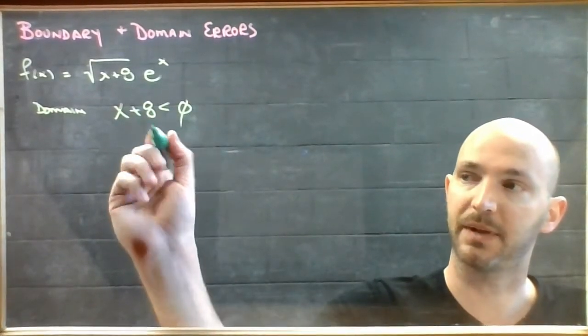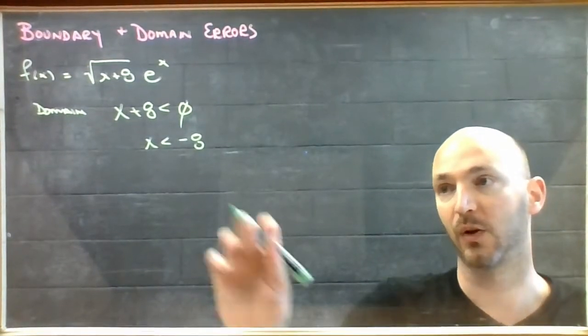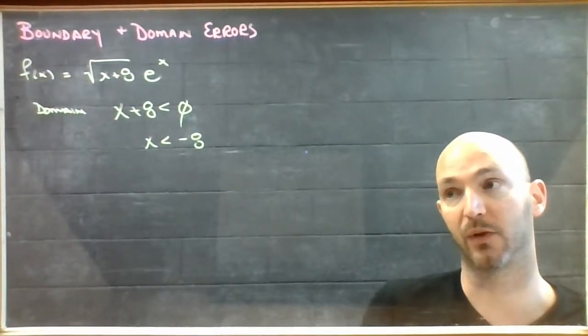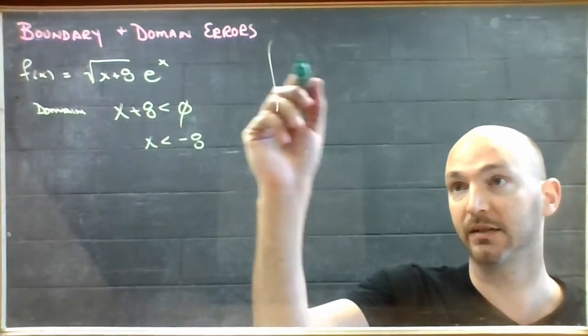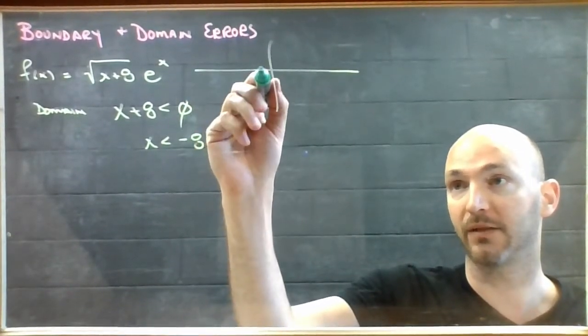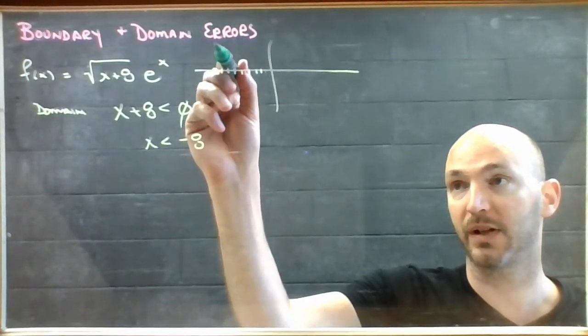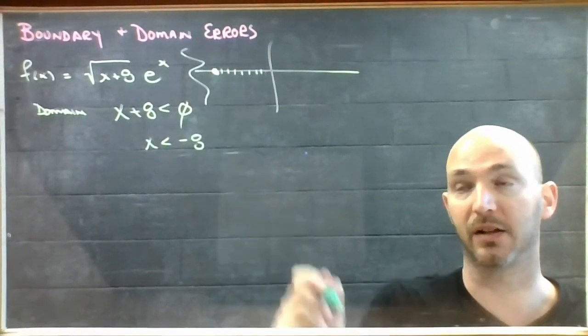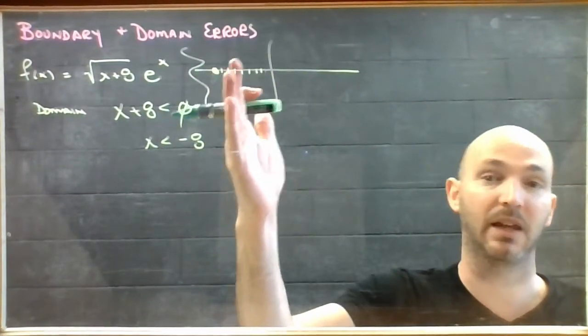So if I pop the 8 over, I get this. So I'm going to end up with a domain error for any x less than -8. So when I sketch this thing, wherever -8 is, from this point over, there's nothing on this graph. So your function basically starts at -8 and goes this way.